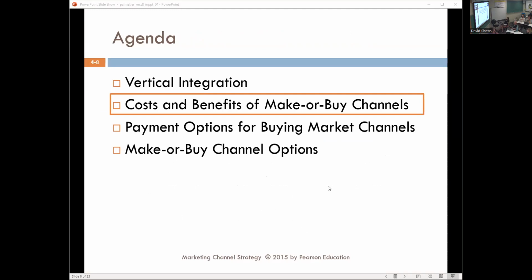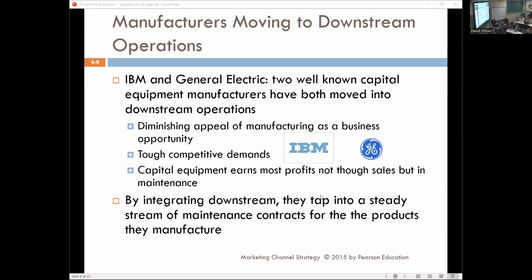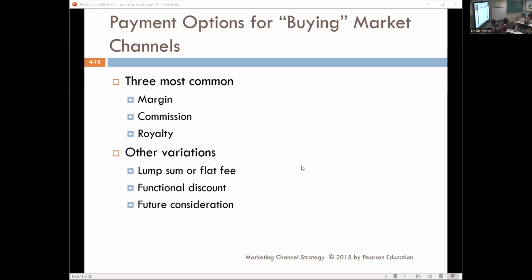And we're going to talk about if buying is the best option for us, and it is our set position, then the next question we should have is, how do we pay for the buy option?